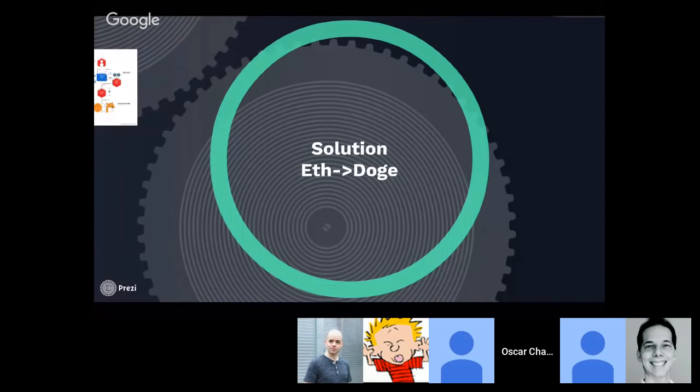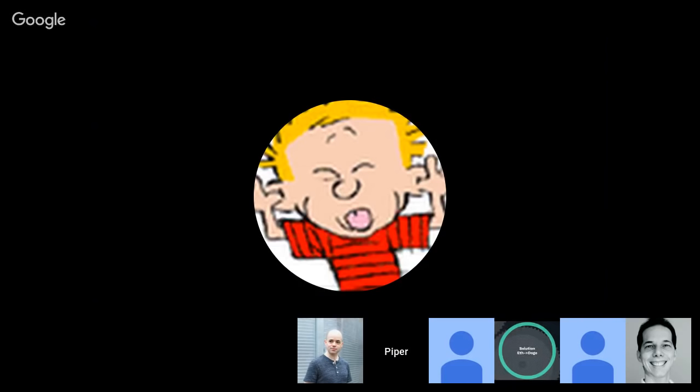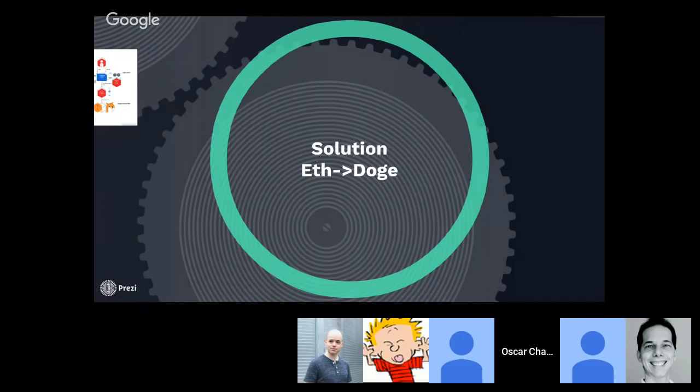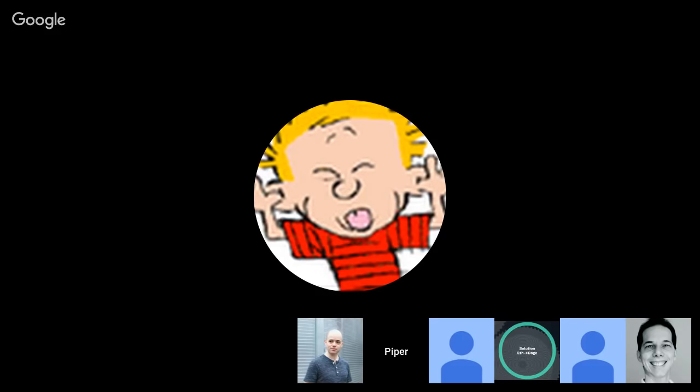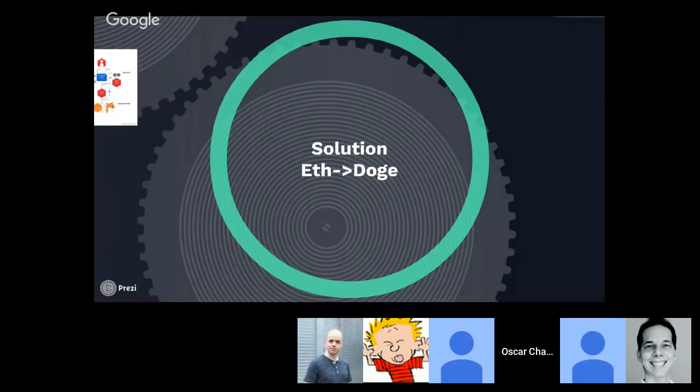Actually, sorry, before you move on, the size of that transaction with the SPV proof, have you measured it? Is it a relatively fixed size, and do you have an idea of what that transaction costs, in terms of gas, not necessarily the fluctuating dollar cost? Yes, I don't have that in mind because it will depend on how many... Actually, you have to send the Dogecoin transaction and 2 SPV proofs.